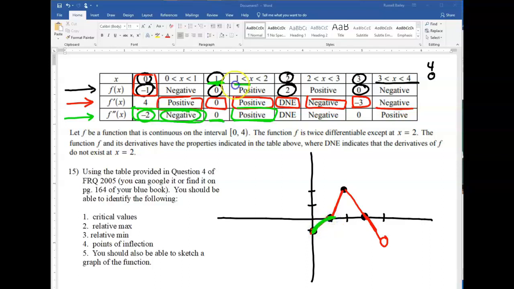But after that, between 1 and 2, now we have a positive second derivative, which means that it should be concave up. So from here to here, I'm going to make it concave up. So I want to put a slight bend in it. So maybe I can back up a little bit and try to do this a little more smoothly.